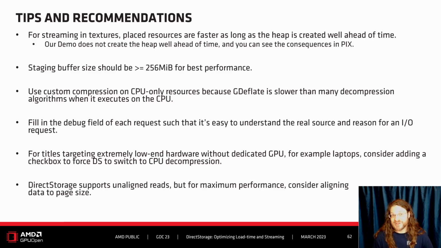Our demo doesn't do this, and you can see it in our PIX captures, or if you take a PIX capture of it yourself. Staging buffer size should be greater than or equal to 256 megabytes for best performance. It might be better to use custom compression techniques on the CPU-only resources because GDeflate does not execute as fast on the CPU as it does on the GPU.